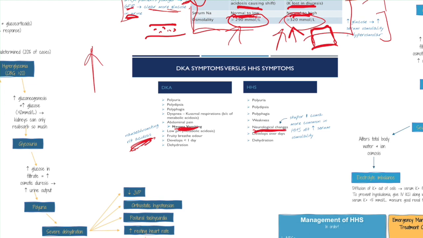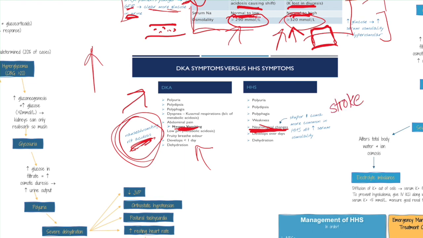That's your trigger, in a test, to say, okay, that's HHS. So the nausea and vomiting from acidosis, DKA. The neurological changes, and just so you know, it's not that you don't have any neurological changes in DKA, so just be careful of that. But I said this is really major in HHS. You're going to see it, and sometimes it's going to look a lot like a stroke. So you might have hemiparesis and so on.